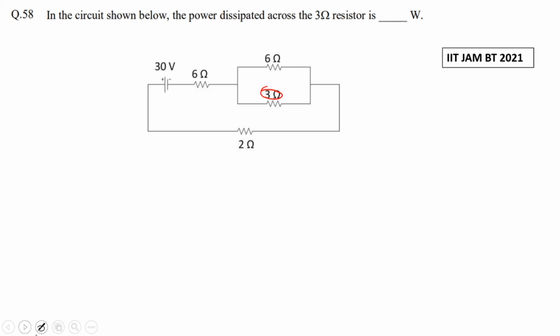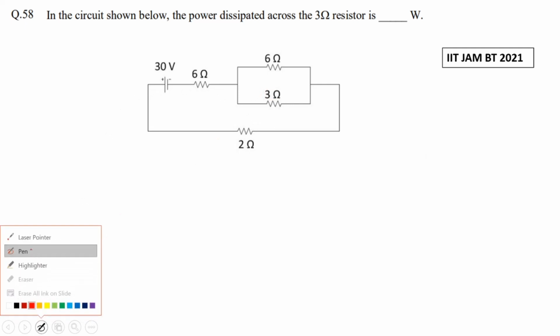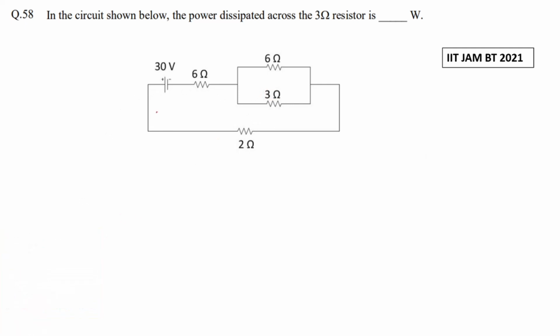First of all, we need to simplify the circuit. And how to simplify the circuit? First of all, we need to find the equivalent resistance of these 2 parallel resistors, that is 6 ohm and 3 ohm. Now what is the formula for that?